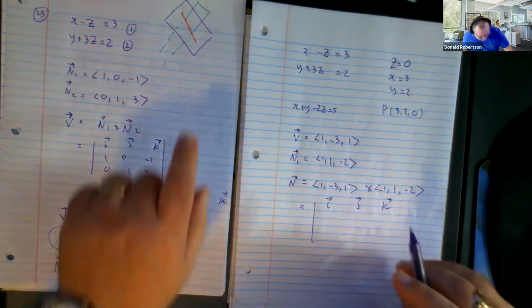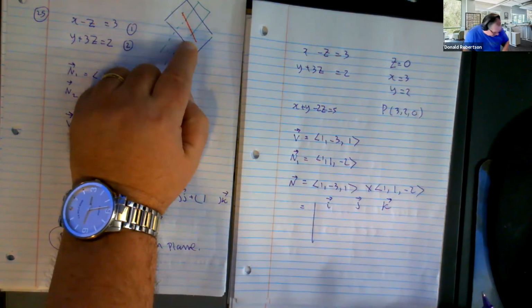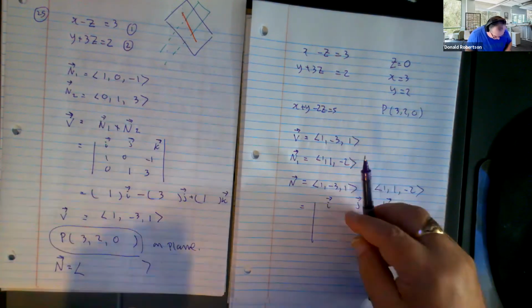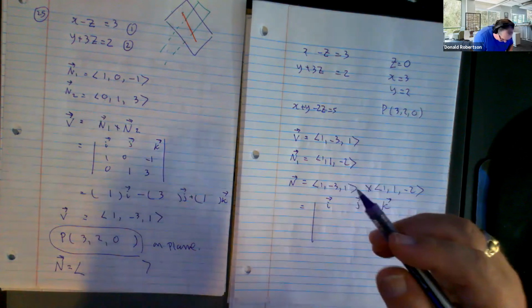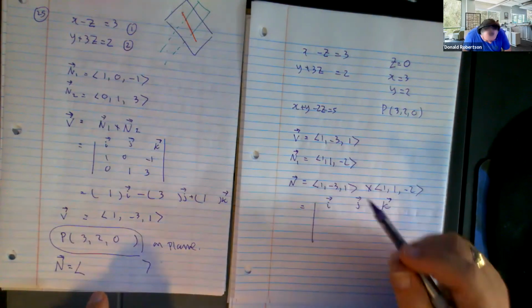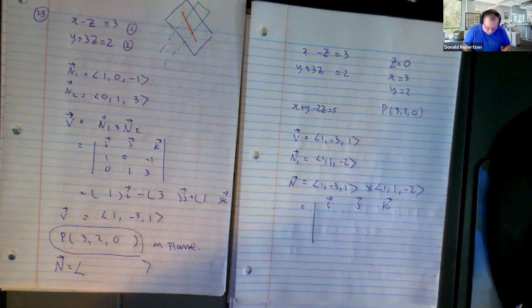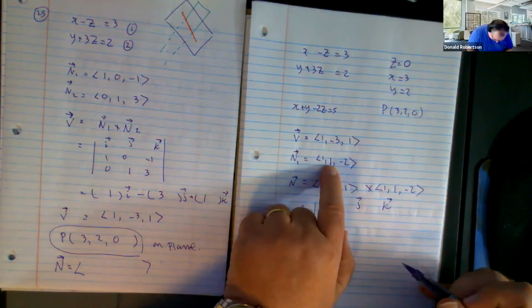So can you imagine this red line represents the intersection of the two planes, and then we've got a plane that passes through this guy, right, and is at right angles to this plane. And so we know that the normal of those two is going to be the cross product of these.